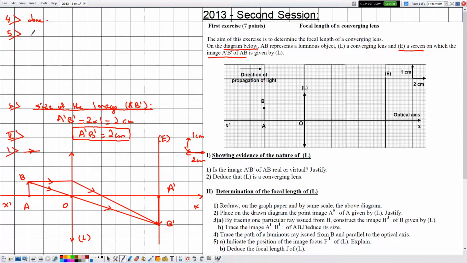Now in 5 part A, they are telling me to indicate the position of the image focus f prime of L and explain.